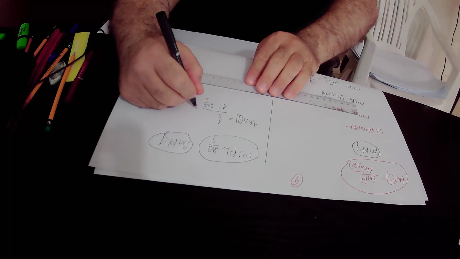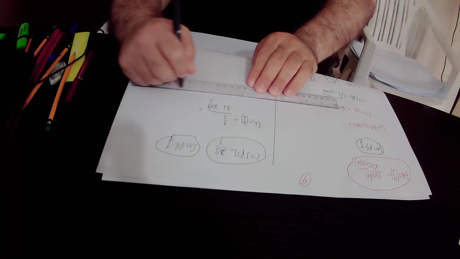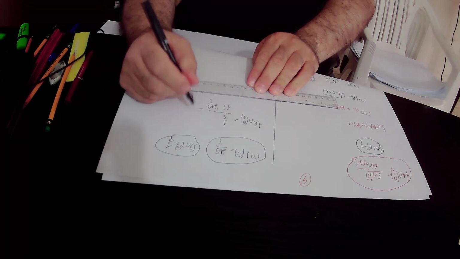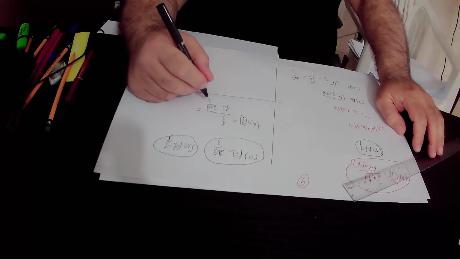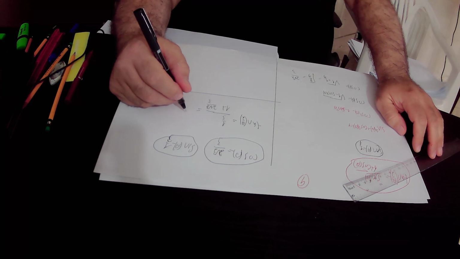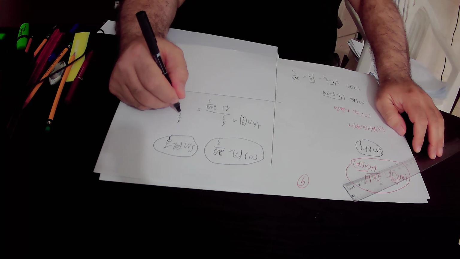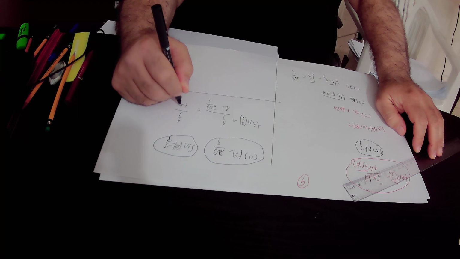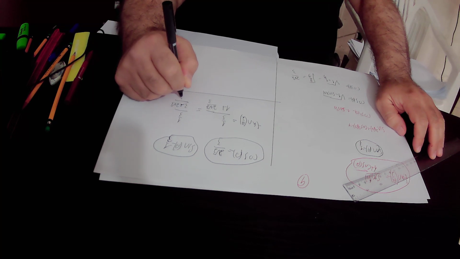Here we will multiply 1 by 3 and divide it by 3 in order to have a common factor with this expression, and we will get 1 over 3 plus 2 times square root of 2 over 3.